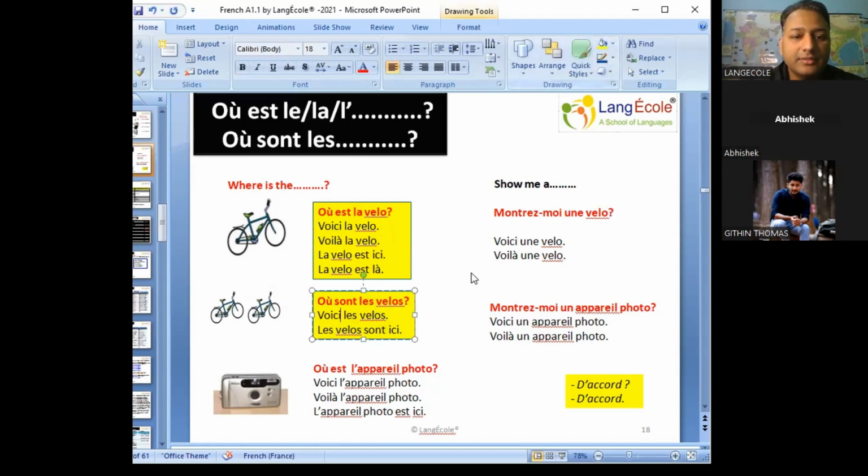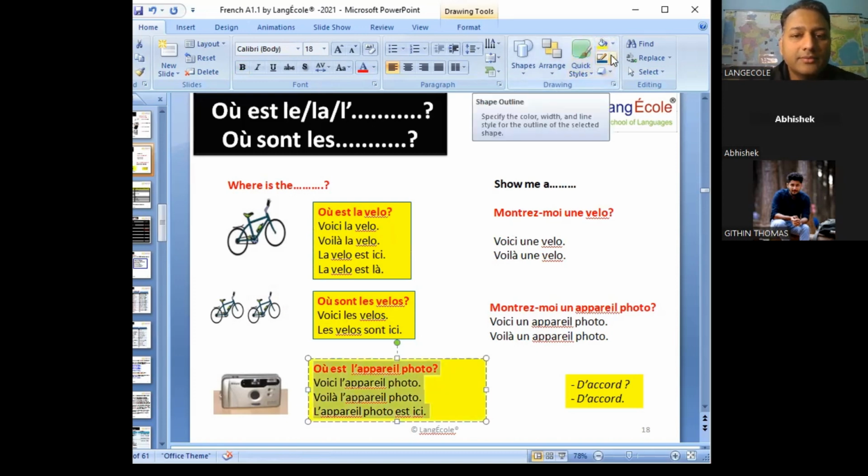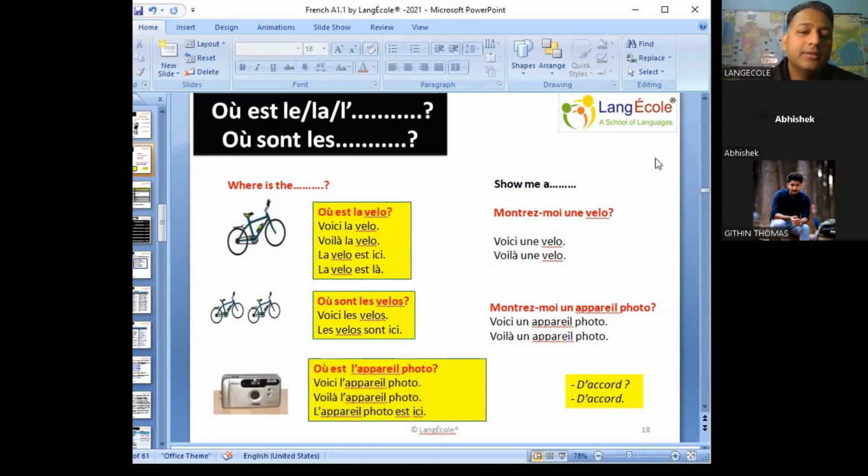Why is voilà pronounced like that? Is that a rule, or something we can't change? Voici means here it is. It is a combination of voi and ci, where ci means here.